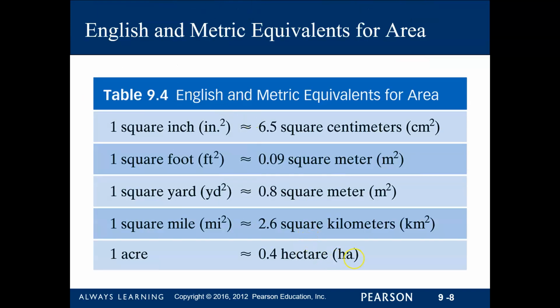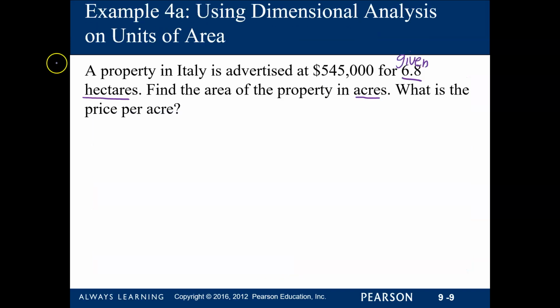Hectares is HA. There it is. This is our conversion unit that we use. So we are given 6.8 hectares and we need to change it to acres. This is our desired unit. So in our case, we will be using our conversion factor.